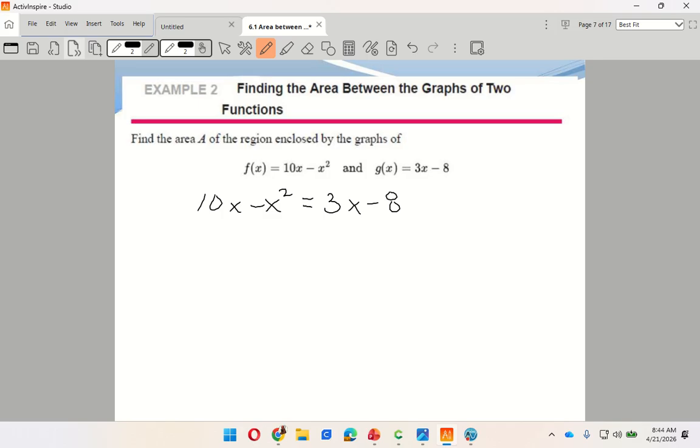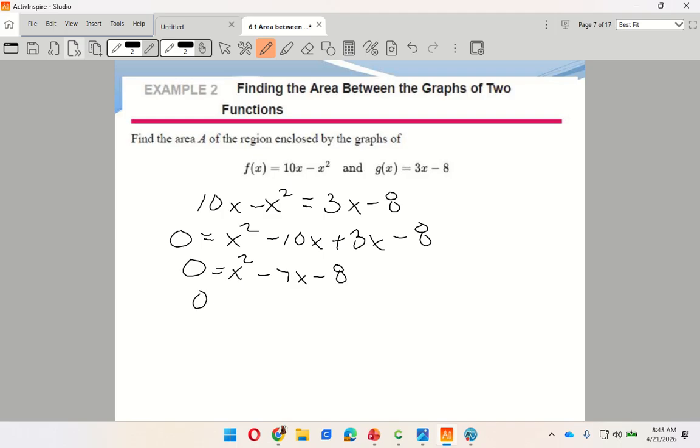but okay, let's do the math first. So let's start by setting it equal to 0. So I'm moving everything to the right. So I'm going to say 0 equals x squared minus 10x plus 3x minus 8. So that's x squared minus 7x minus 8 equals 0.